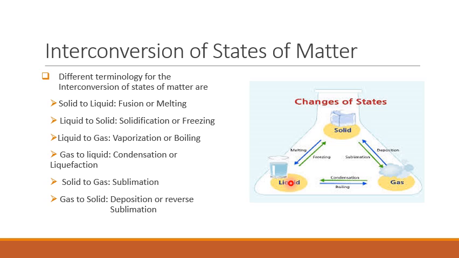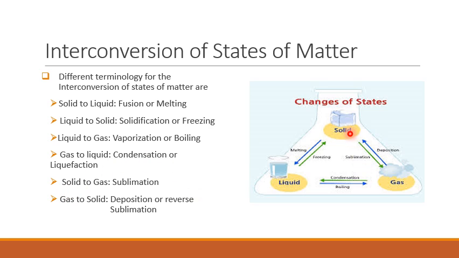And the change from liquid back to solid is known as freezing or solidification. When a liquid changes to gas, this phenomenon is known as boiling, or we call it vaporization. When gas turns back to liquid, the process is known as condensation or liquefaction.